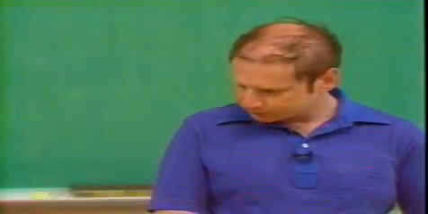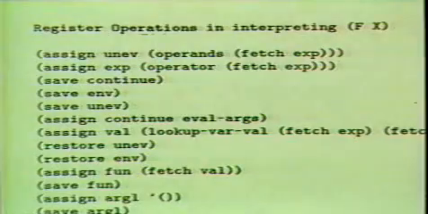Well, if we look on the overhead here, we can see those operations starting to be produced. Here's the first real operation that the evaluator would have done. It pulls the operands out of the exp register and assigns it to unev. And then it assigns something to the expression register, and it saves continue, and it saves env.